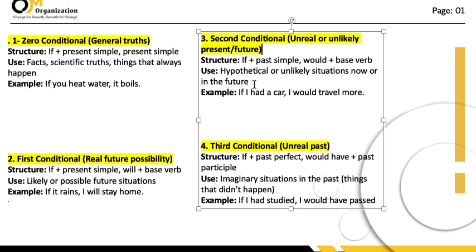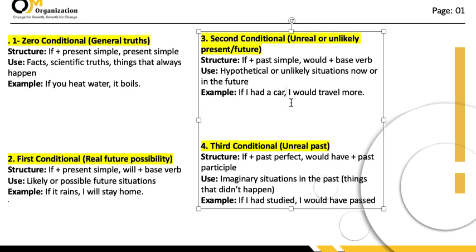So when do we use it? We use it for hypothetical or unlikely situations now or in the future. For example, if I had a car, I would travel more. Be careful that here, if you notice, we are talking about two similar times. They're both in the present. I say if I had a car. So right now I don't have a car. I would travel more.